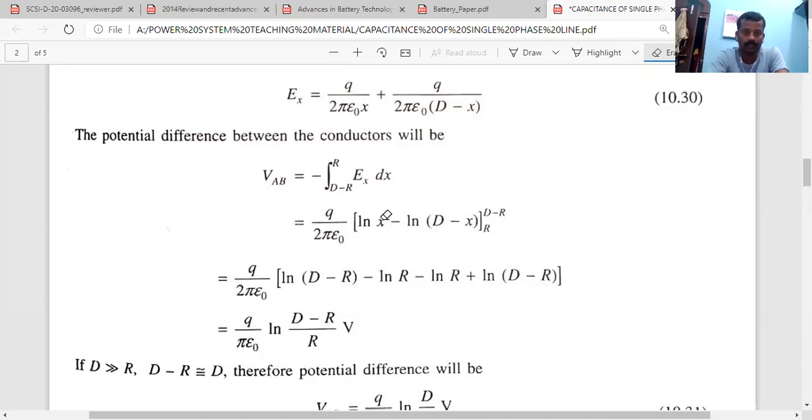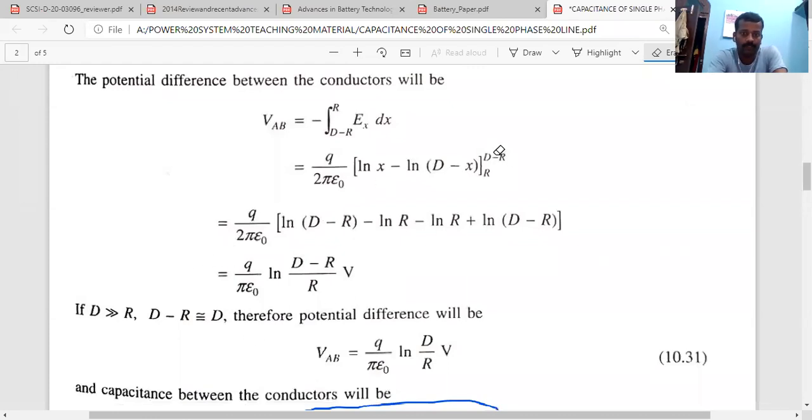Then integration of 1 by x will be ln x minus ln (d minus x). Here x is negative, hence this will be negative. And you are seeing the minus sign has disappeared, because the limits have been altered: the lower limit becomes the upper limit and the upper limit becomes the lower limit, due to which the negative sign has changed.